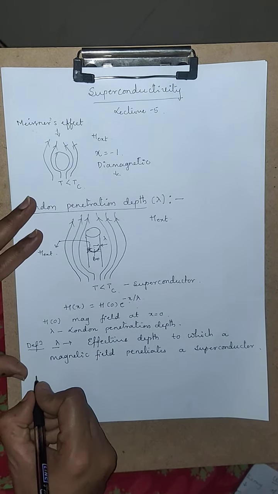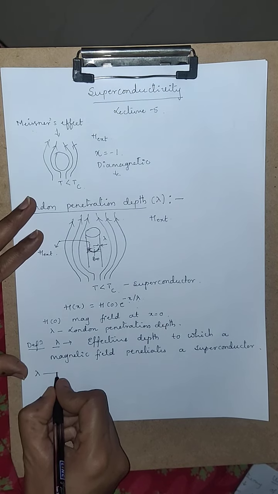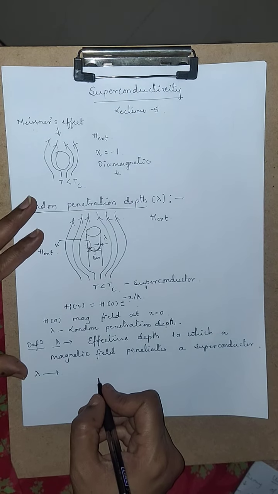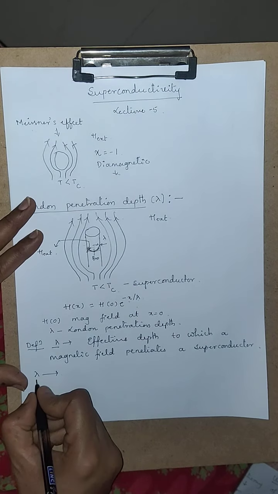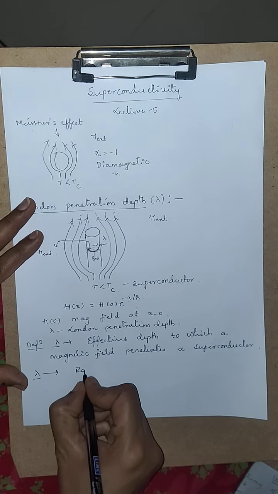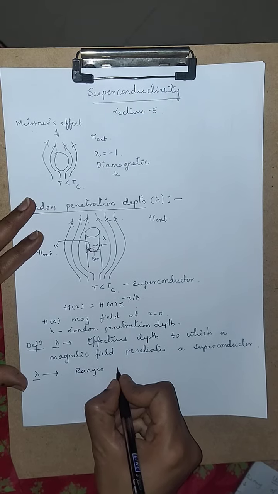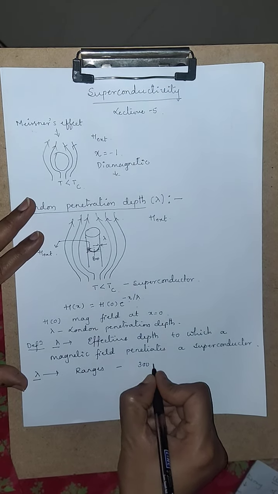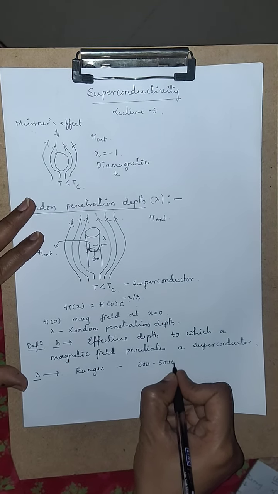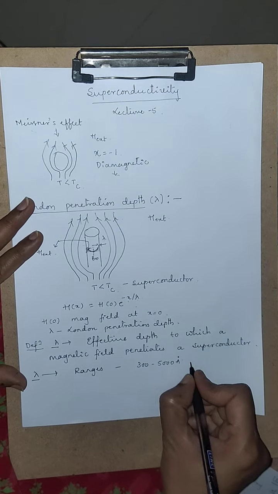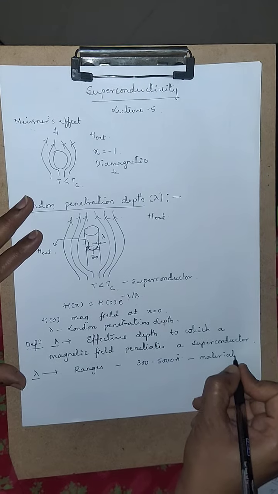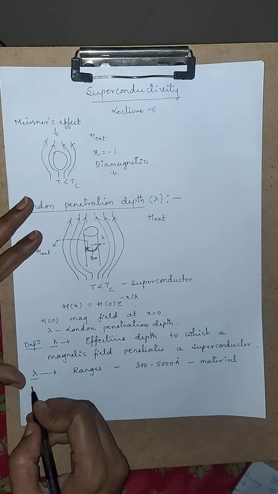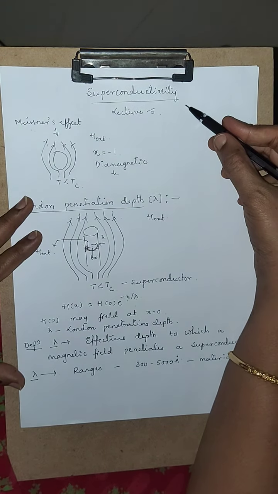Lambda is a distance or thickness, hence it is measured in meters or angstrom units, nanometers, and so on. The lambda value always ranges from 300 to 5000 angstrom units, depending on what kind of material we have taken under consideration to act as the superconducting material.